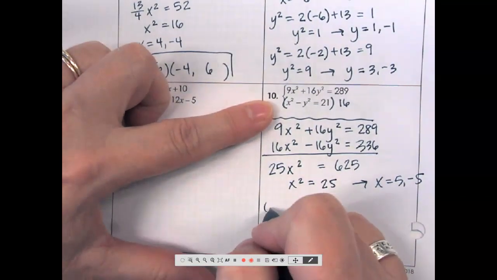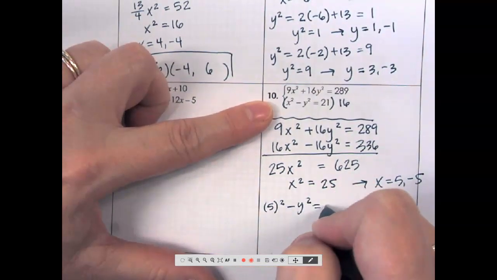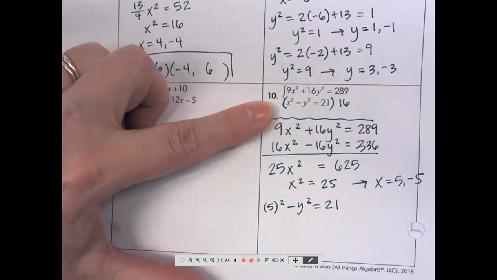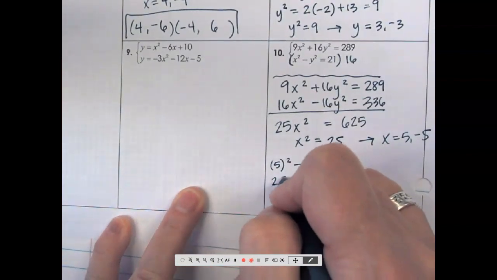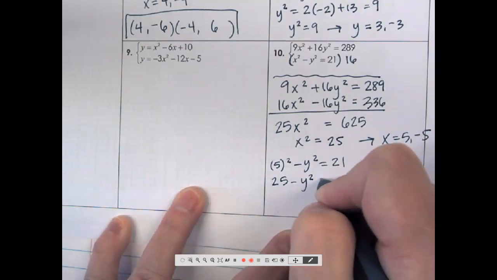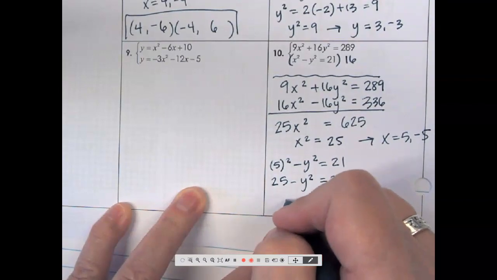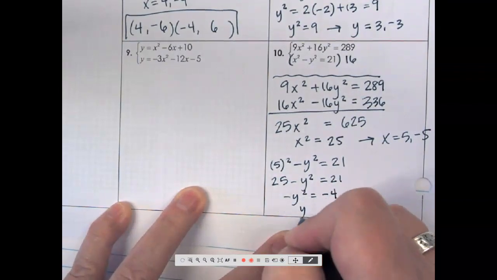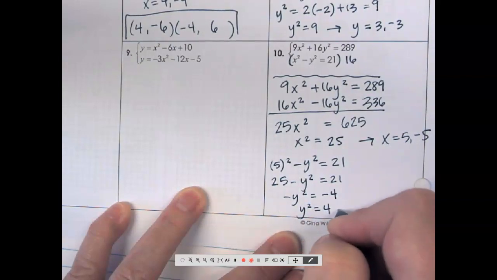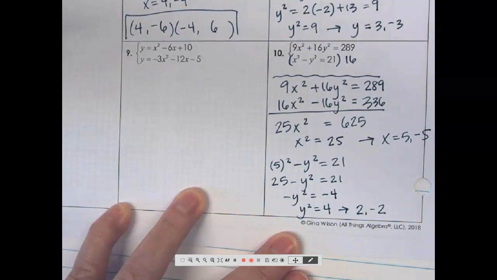All right, so 5 squared minus y squared is 21. 25 minus y squared is 21. Subtract 25. Divide by negative 1. And y is 2 and negative 2.